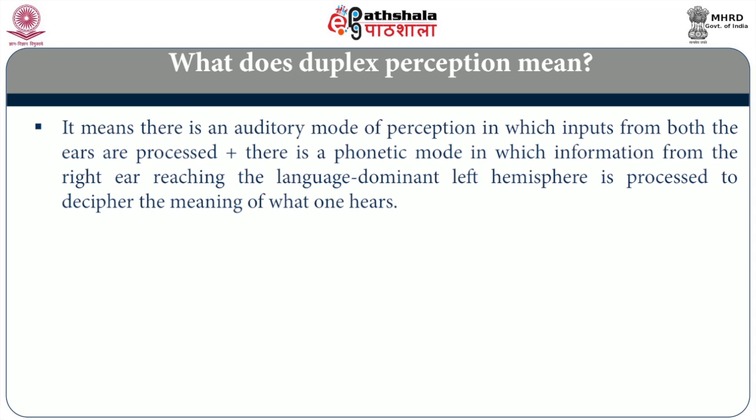Why right ear? From the right ear, it goes straight to the left hemisphere. In the majority of people, speech and language is understood and processed by the left hemisphere. So, the information is processed like speech, made sense of like language. So, that mechanism is there. At the same time, we can also hear those sounds as chirps. This is what is called duplex perception.